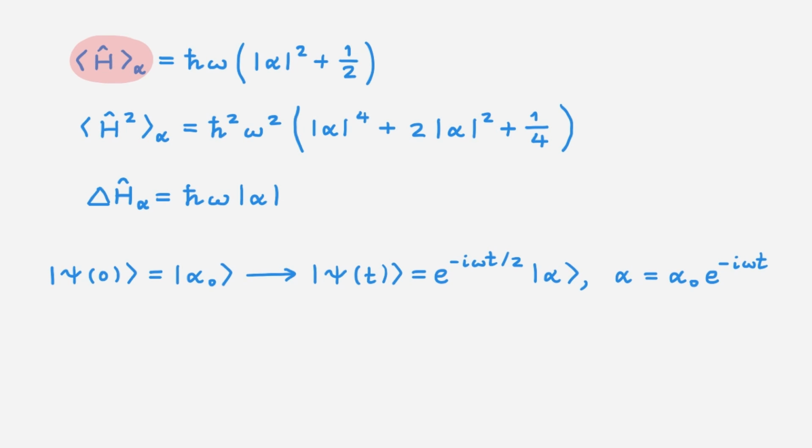From this expression up here, for the expectation value of the Hamiltonian, we see that it only depends on the magnitude of alpha. And this means that the expectation value of the Hamiltonian at time t is equal to this. Which means that the expectation value of the energy of the system in a coherent state is time independent.